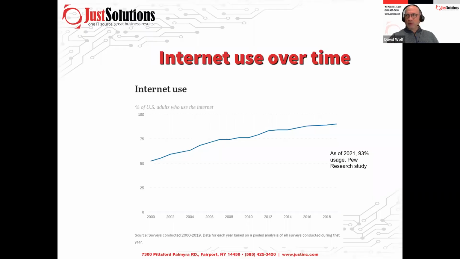So it took a lot of evolution, but now over 93% of adults are on the internet every day. You'd think it would be 100%, but there are people that unfortunately don't have access. But the growth has been substantial. And as of 2021, a Pew Research study says over 93% of people are on the internet every day.